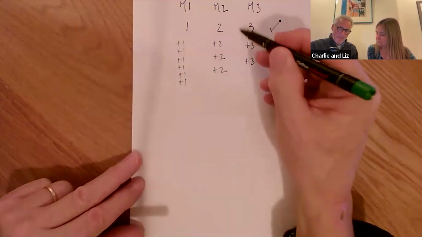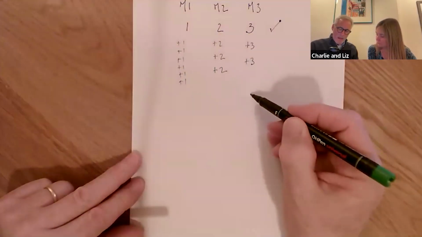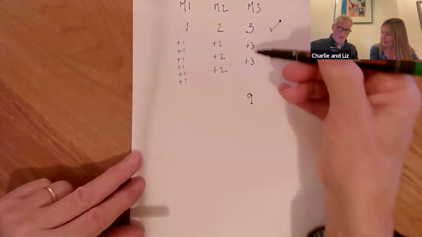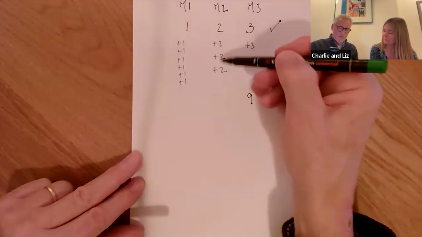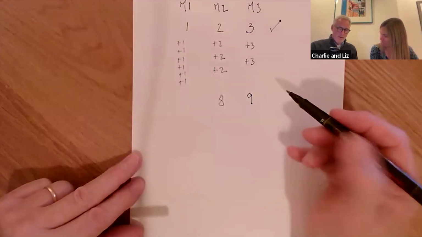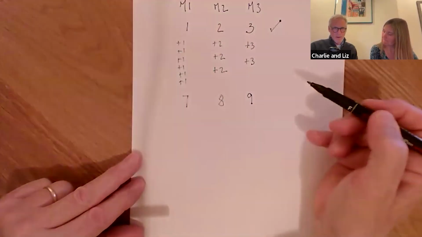then if I add 6, I'm going to get 9 here, which must be a multiple of 3 because I've gone up in threes. If I add 6 to the 2, I'm going to get another multiple of 2. And if I add 6 to 1, I'm going to get another multiple of 1.